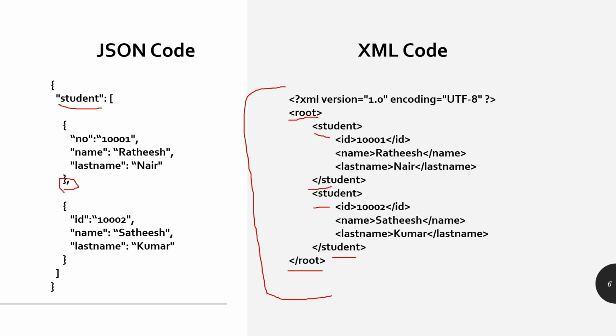Internally again, name colon value, another name value pair, then again a comma as the separator. Like that you need to specify. This is what JSON code is. This is clear, right? Shall I skip to the next slide?